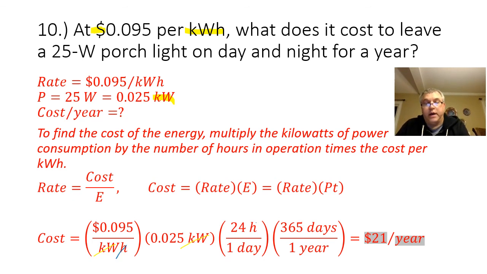That makes my hours cancel out. And I know that there are 365 days in a year. So my days will cancel out. And I'm left with dollars per year, which is what I want to end up with. And when I do the math out, I'm going to end up with $21 per year to leave a 25 watt light bulb running day and night for the entire year.